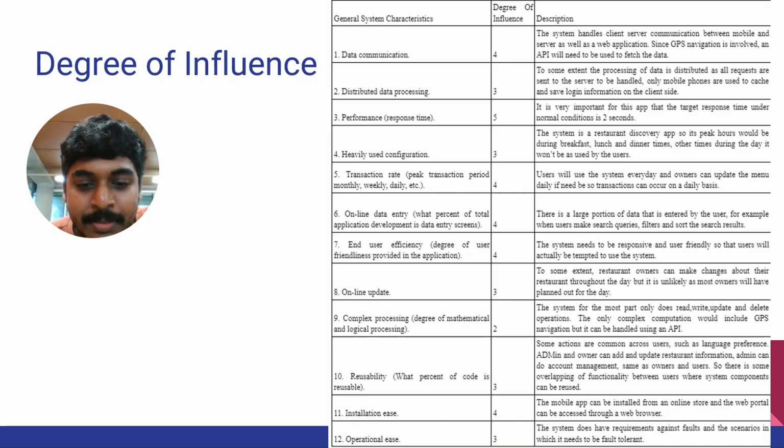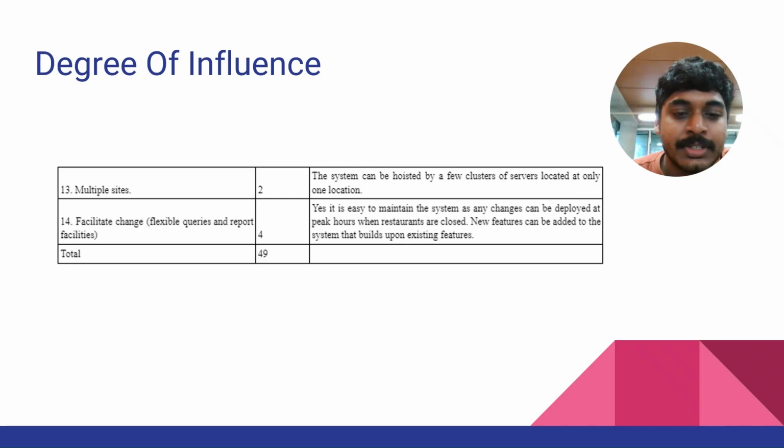But there are certain sections where complex processing, like mathematical and logical processing, was low, because most of the features of the app are basically just doing CRUD functions. So storing data, reading data, updating data, etc. And then based on all the various information, the degree of influence for each characteristic was found, and there are 14 characteristics in total.